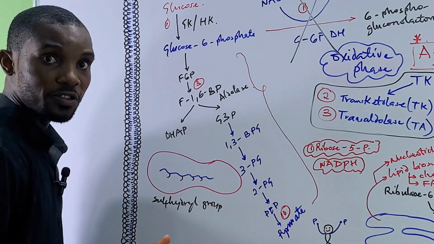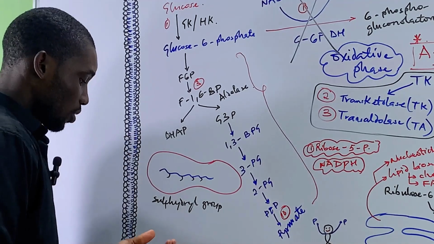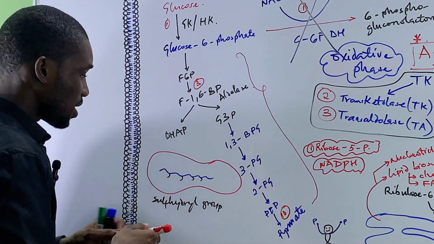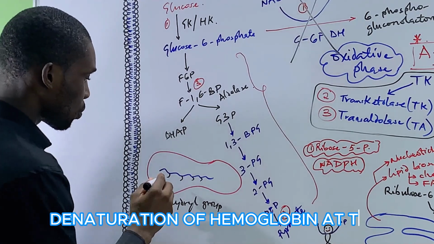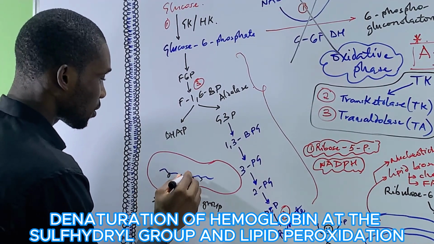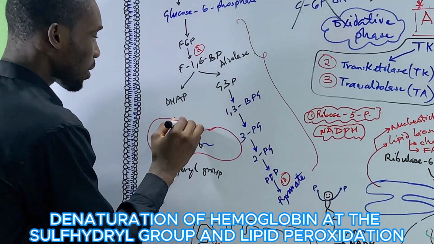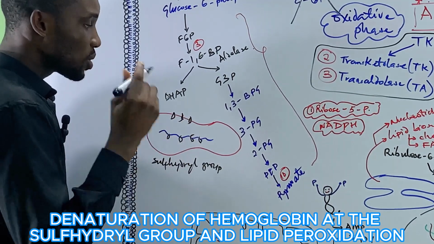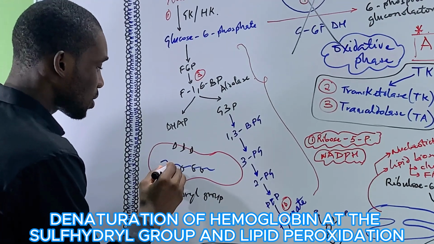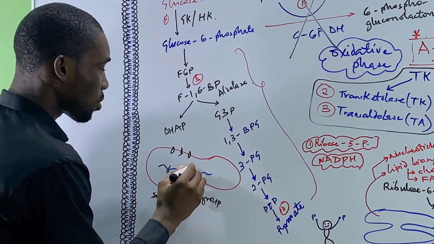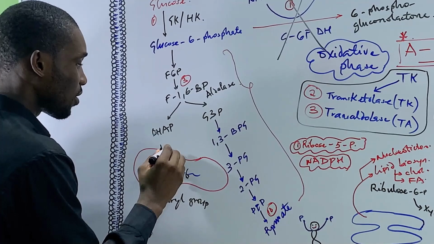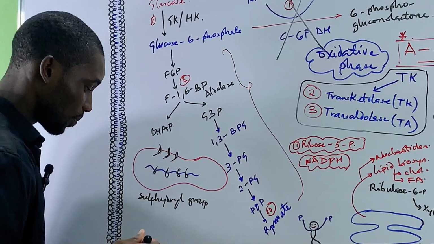And then in the absence of glutathione, that's the active glutathione, these sulfhydryl groups would be denatured, right? And then there would also be what? Lipid peroxidation. So the free radicals would destroy the sulfhydryl groups of the hemoglobin and also destroy the lipid membrane, leading to what?